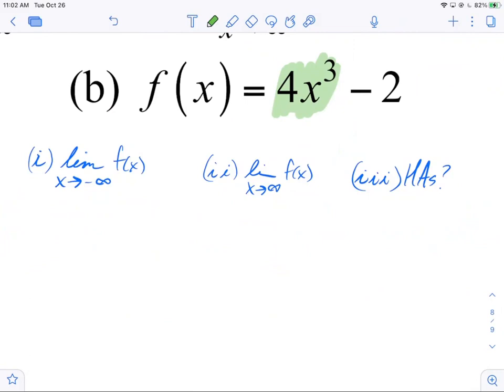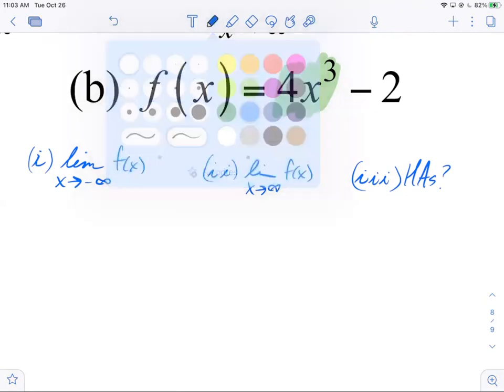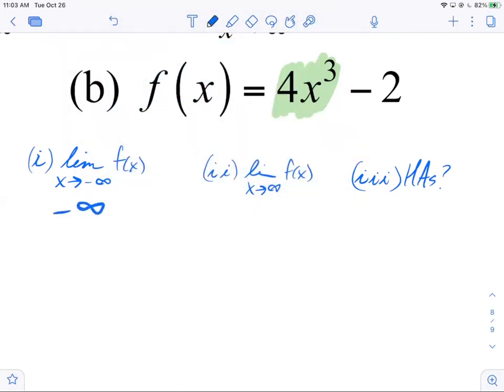What's negative infinity cubed? Well, it's going to be infinity still, because infinity cubed is infinity, but is it positive or negative? What's a negative number cubed? Negative. So negative infinity cubed is still negative infinity. And then negative infinity times positive 4 is negative infinity. So that's the answer right here, negative infinity, or D and E, but negative infinity is preferred.